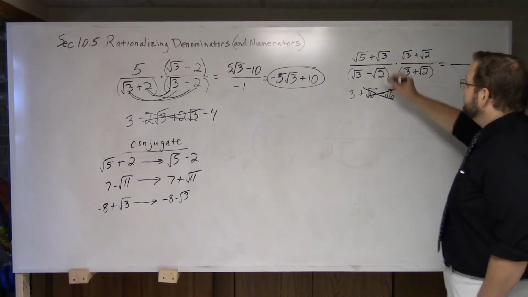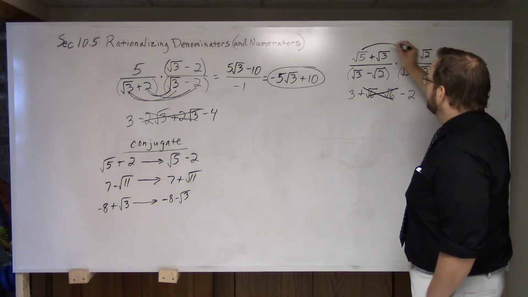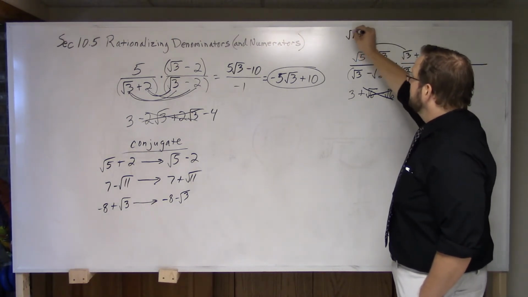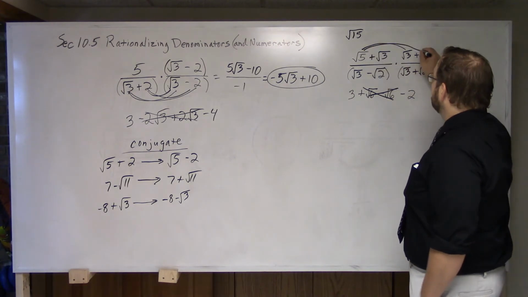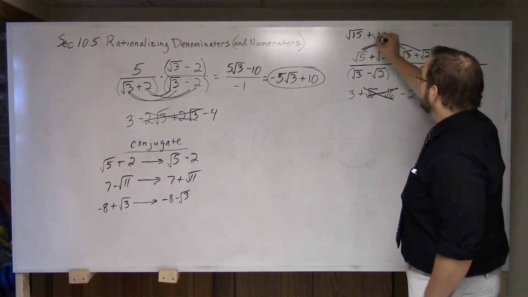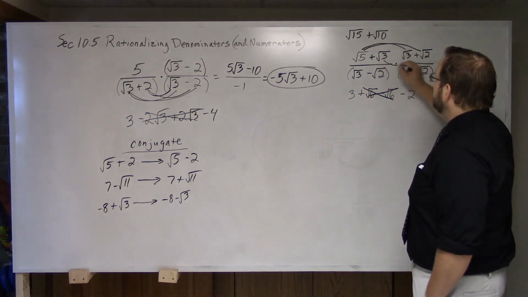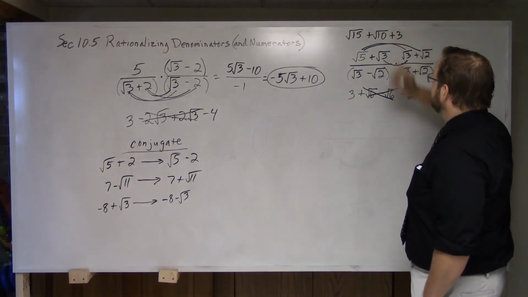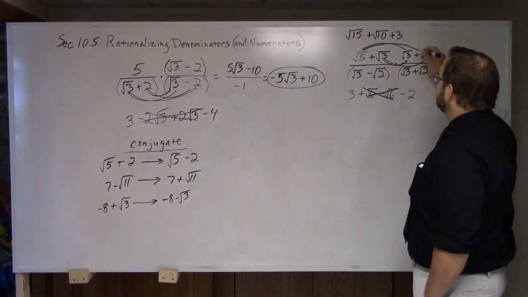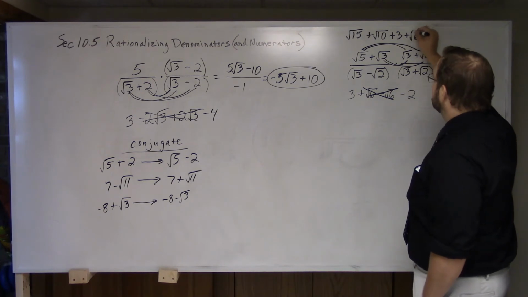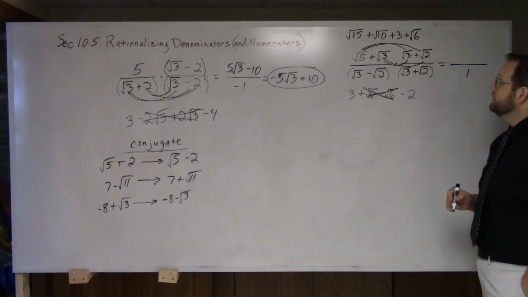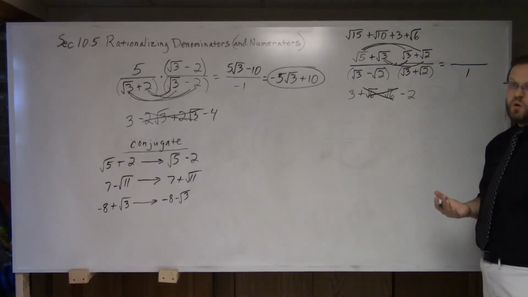In the numerator, I got root 5 and root 3 is root 15. Root 5 and root 2 is root 10. Root 3 and root 3 is just a 3. And then root 3 and root 2 is a root 6. Nothing reduces there or combines.